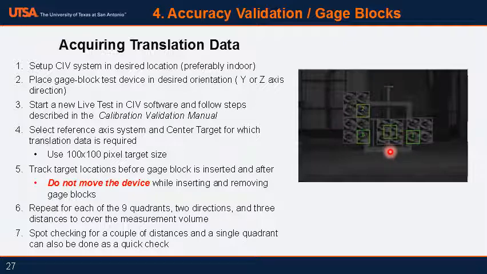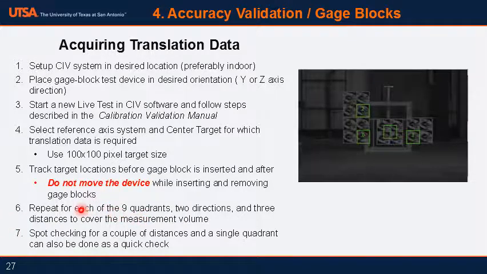You pause the system, you come in, you put a gauge block in there, and then you monitor the location of these targets again for another 30 or 40 images. And the difference between the movement of that target will give you the accuracy comparison. Now, it's important not to move the device when you put the gauge block, so you don't shift its position, because that can affect the readings as well.